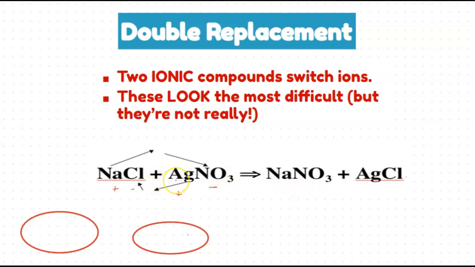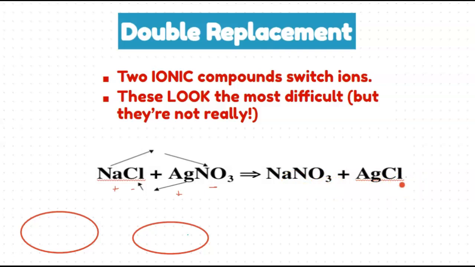When I partner the silver, the +1, with the -1 chloride, I get AgCl. It's always going to have the positive ion listed in the front, your positive sodium, your positive silver, and the negative ion is always listed at the end, NO3 for nitrate and Cl for chloride.